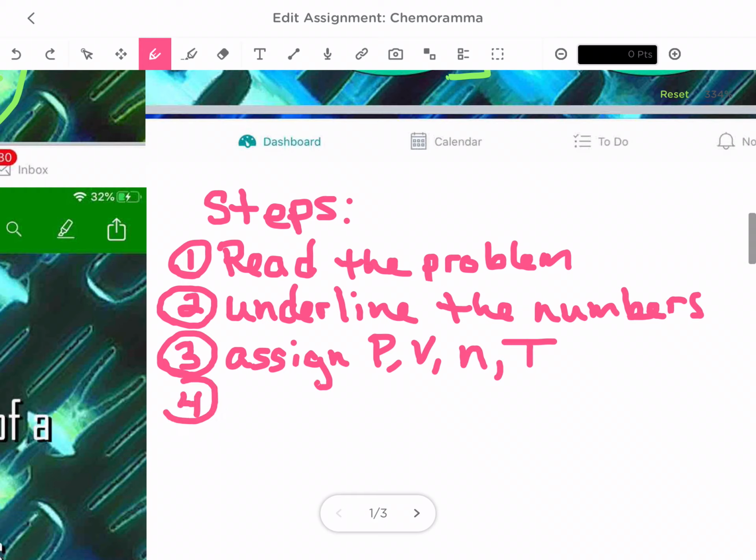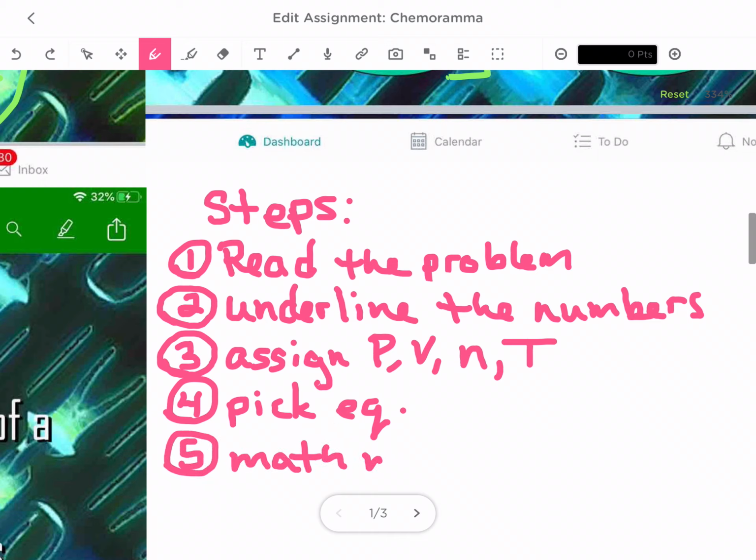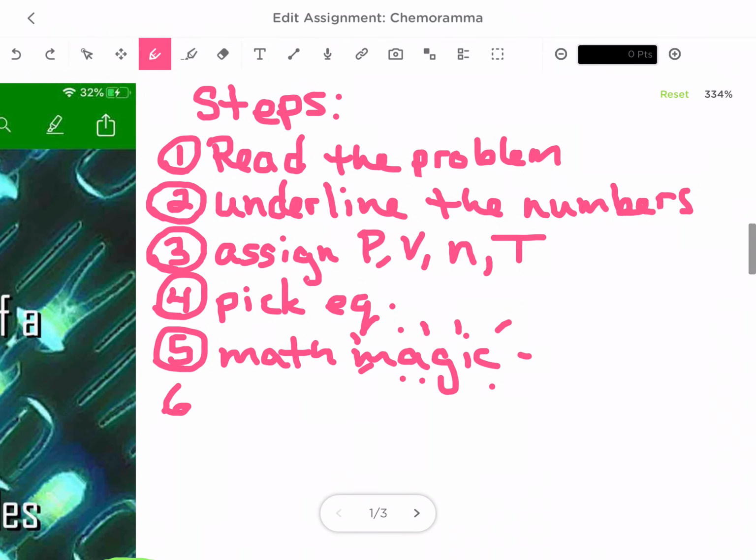Number 4, pick an equation. Number 5, do math magic. It's my favorite. And number 6 is always units and significant figures.